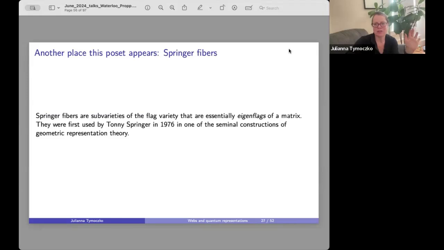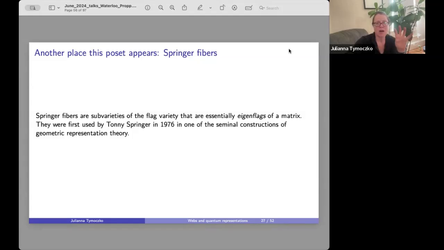I'm going to skip most of the geometry and just show you one additional picture. Part of how we noticed that strandings and that there was this global structure on web graphs is from a geometric object, Springer fibers.